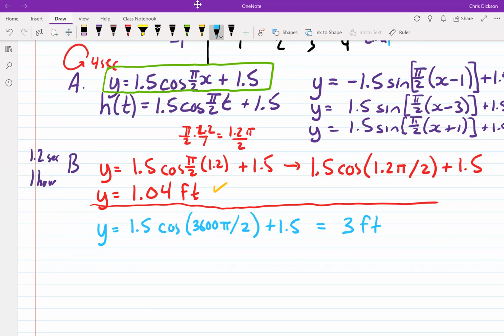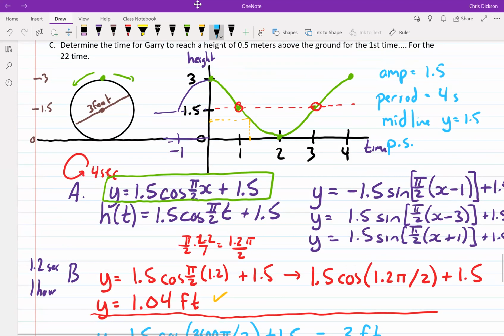Okay, so the little trick you could do here is if you go back to the graph, notice that at 4 seconds, you're back at the maximum height of 3. So after 8 seconds, you'd be back at the maximum height of 3, after 12 seconds, and so on and so on. So if you take 1 minute, let's say 60 seconds, and you divide it by 4, because it's 4 seconds to do a period, that would give you 15 periods.